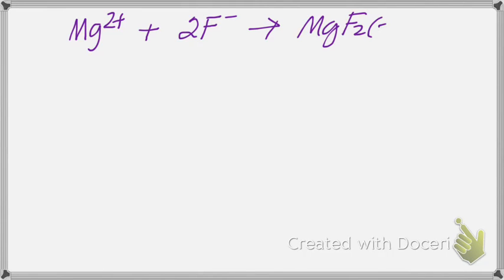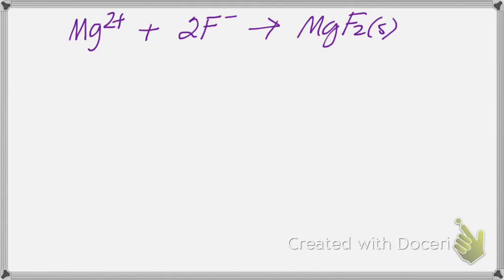So we have Mg2+ plus 2F- going to magnesium fluoride, and that's your solid. Okay. So to get moles, you do volume times concentration, right? It will come out to 0.0015 if you do that. But we can make that millimoles.